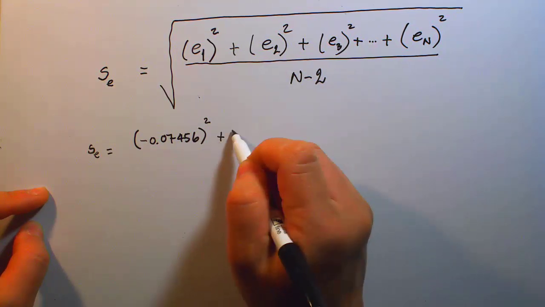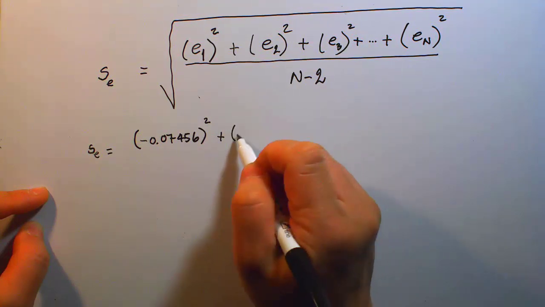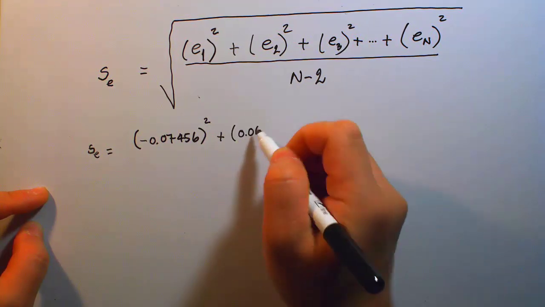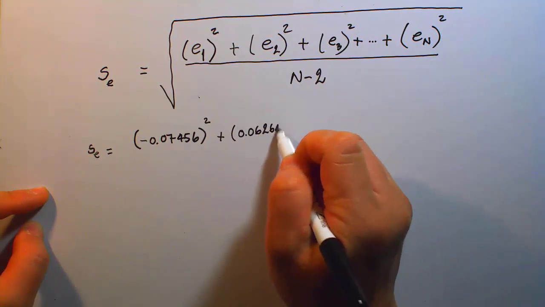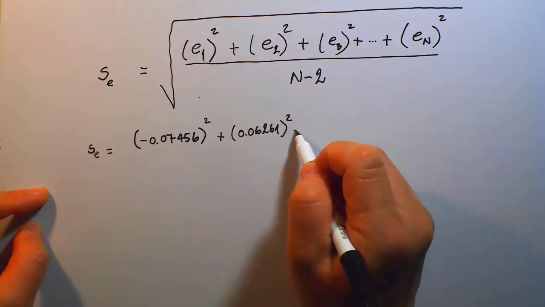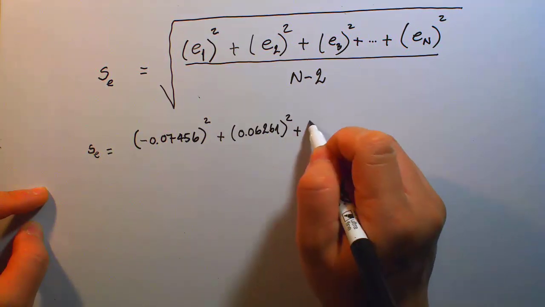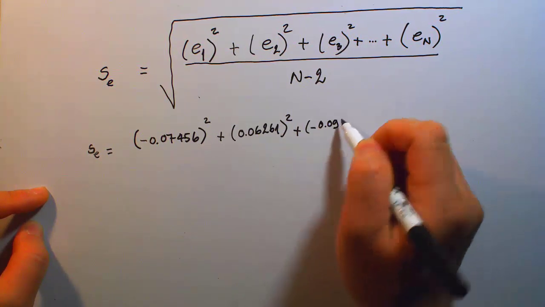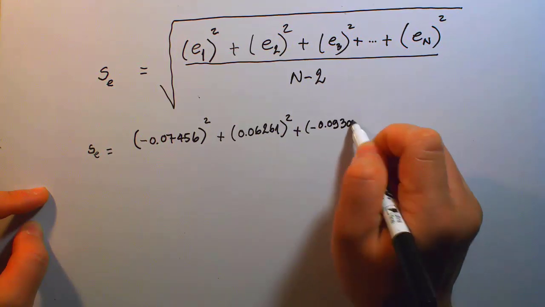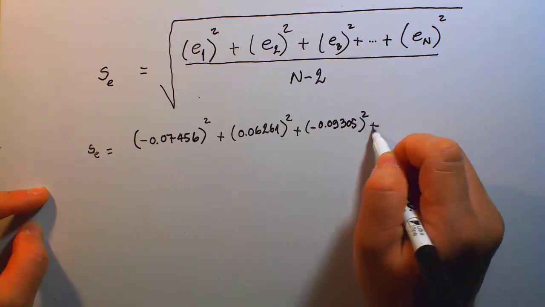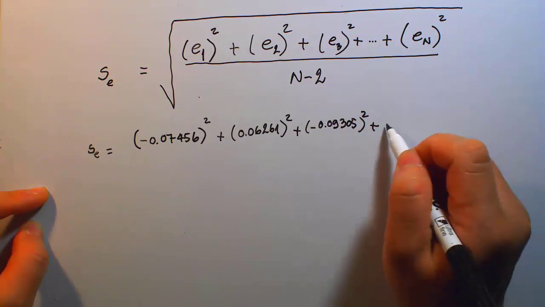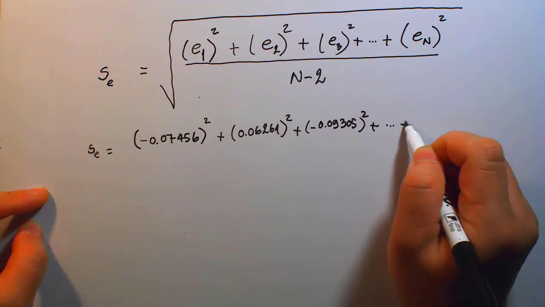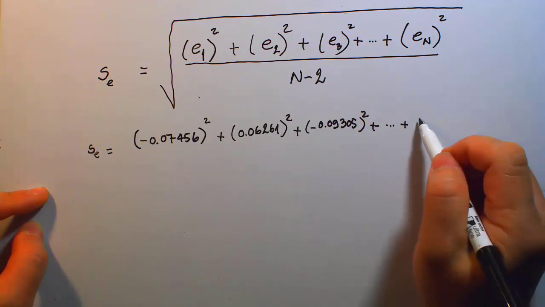The next residual is 0.06261, squared, and the next one is negative 0.09305, squared. I'm running out of space very soon here, so I'm going to leave dots indicating that we keep repeating this until our last residual on the list.